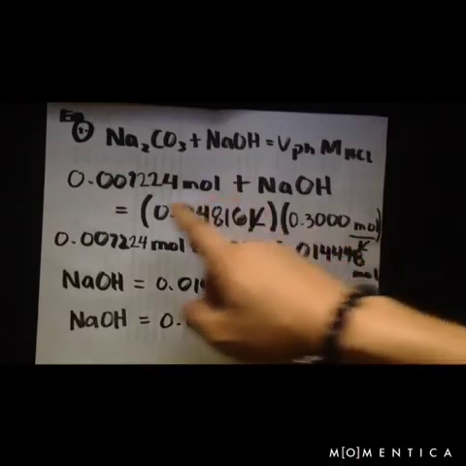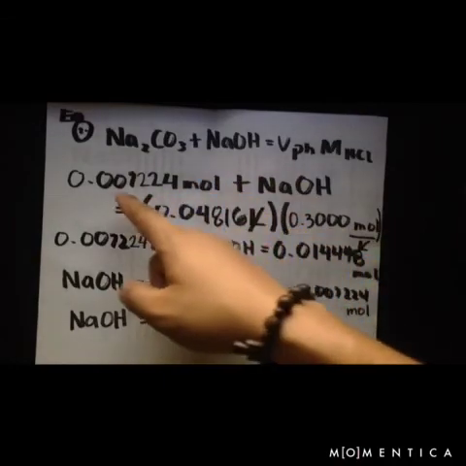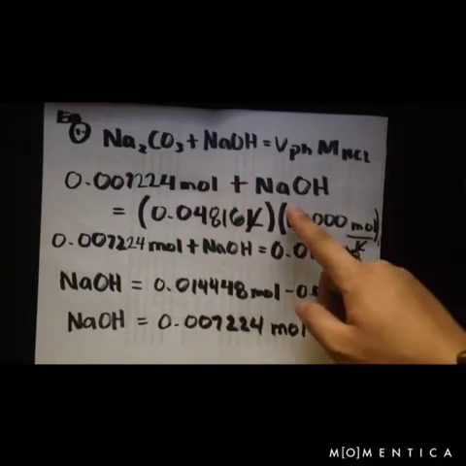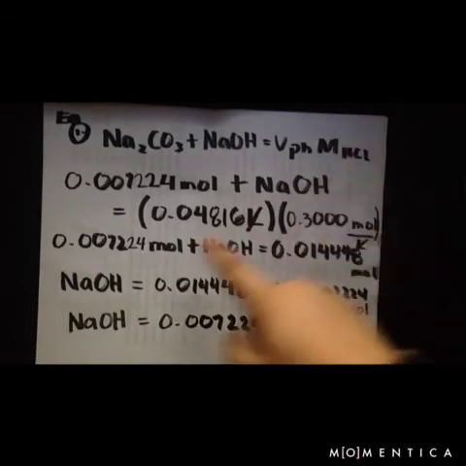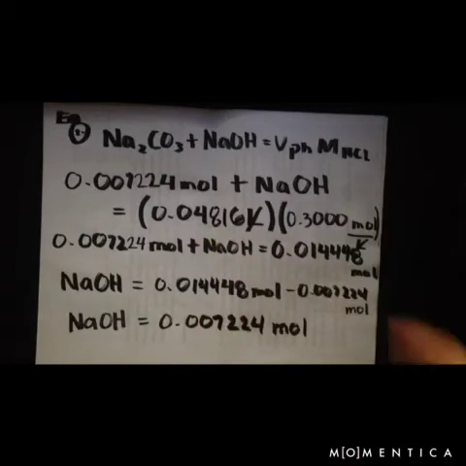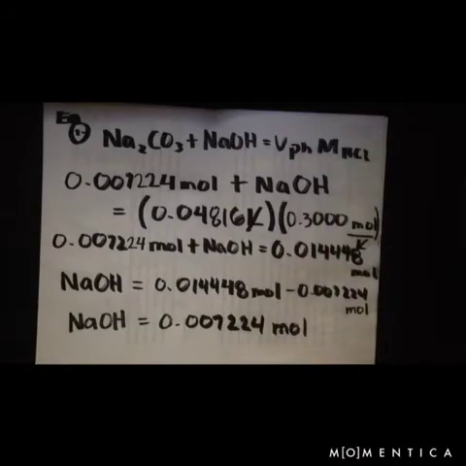We know that the sodium carbonate is 0.007224 mole, plus sodium hydroxide, is equal to the volume of the acid with phenolphthalein, 0.04816 liters. The liters cancel because of the molarity of HCl. The molarity of HCl is 0.3. The answer is 0.014448 mole.